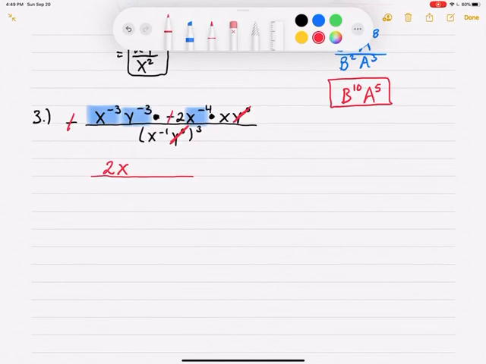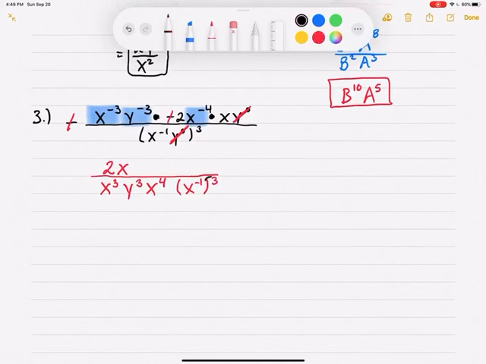In the denominator, I have x to the third, y to the third, x to the fourth, and then I still have in parentheses x to the negative 1 raised to the power of 3.